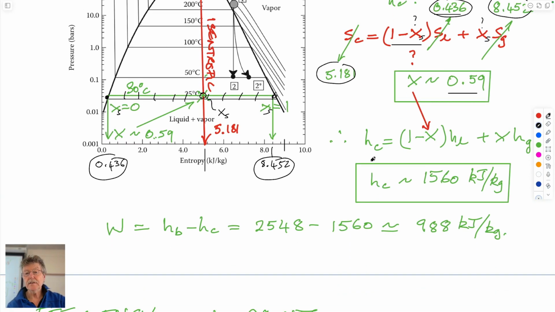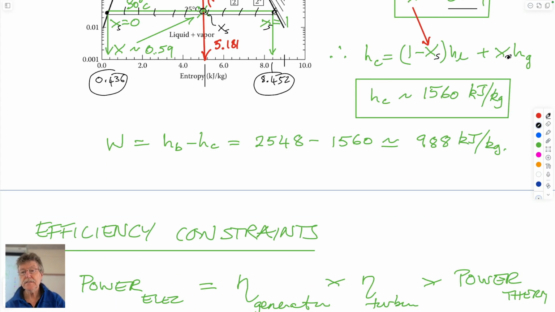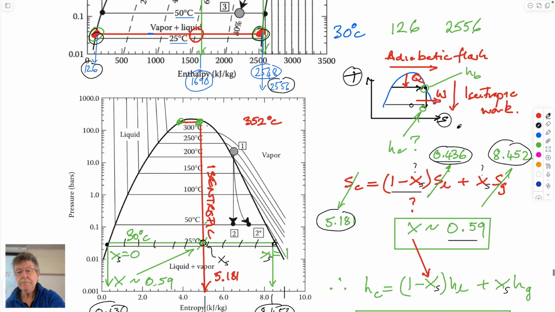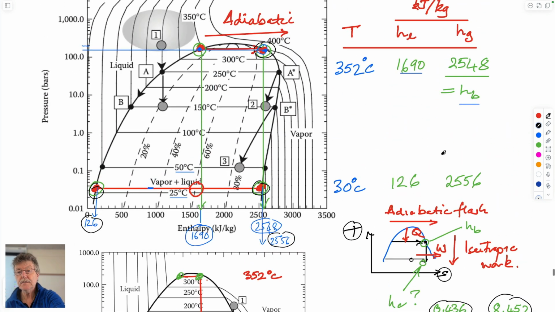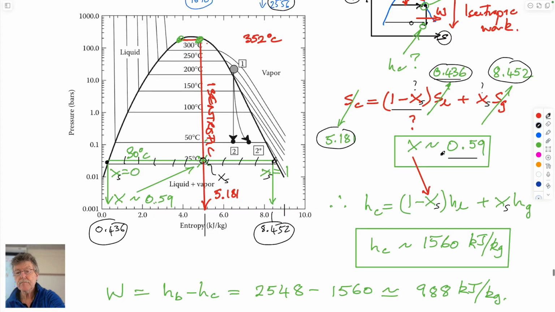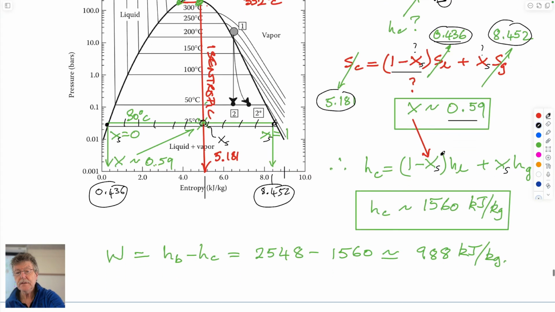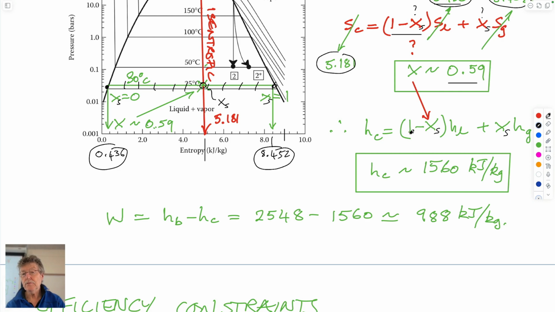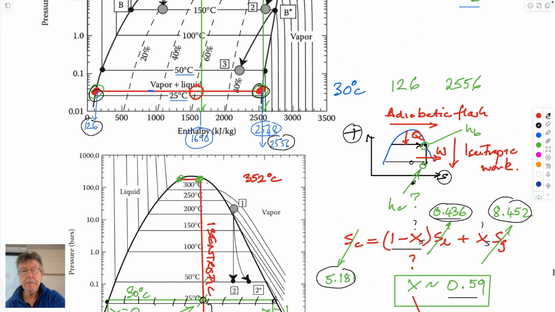So we know then that now, if we write this expression in terms of not entropy, but enthalpy, this is the steam proportion. You put in these magnitudes of H sub C. And so we know exactly what this value of enthalpy is, 1560.